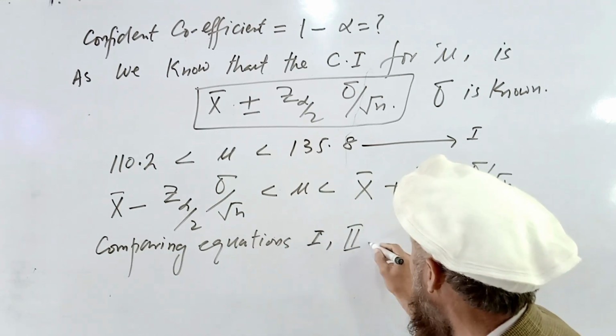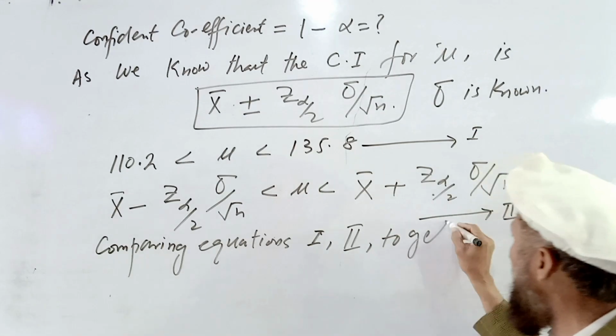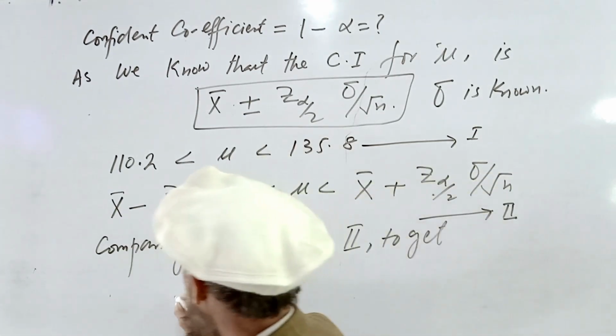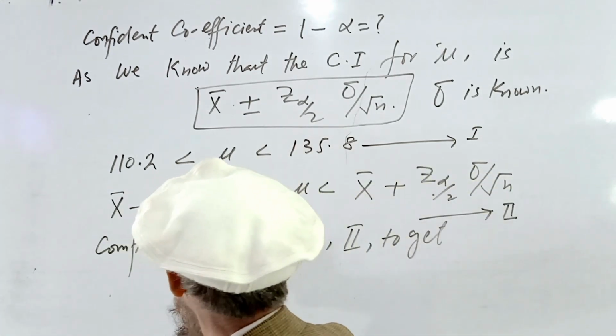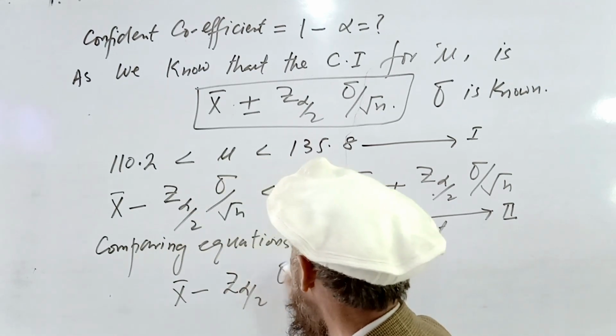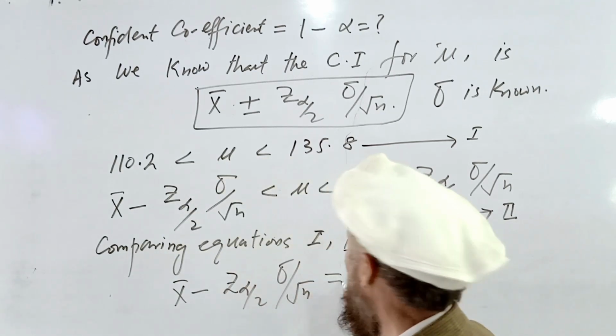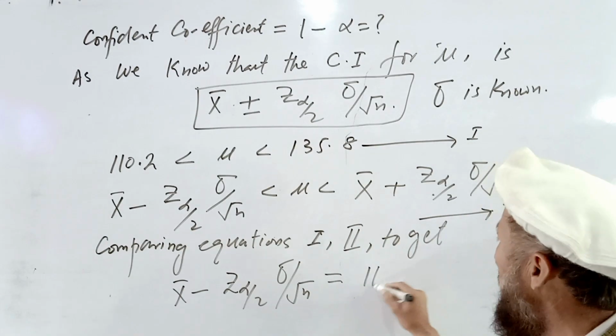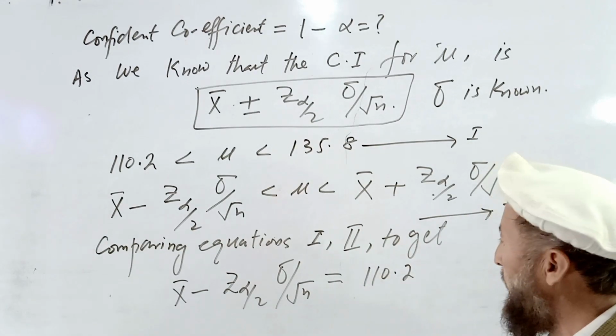So we get x bar minus z alpha by 2 sigma root n, the lower limit, equal to 110.2.